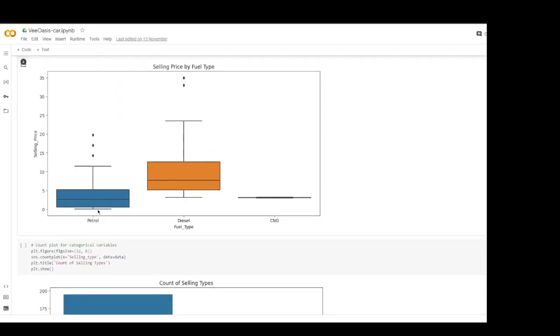And we can see the petrol cars had a selling price lower than the diesel cars. And CNG, we can see it's next to nothing actually.